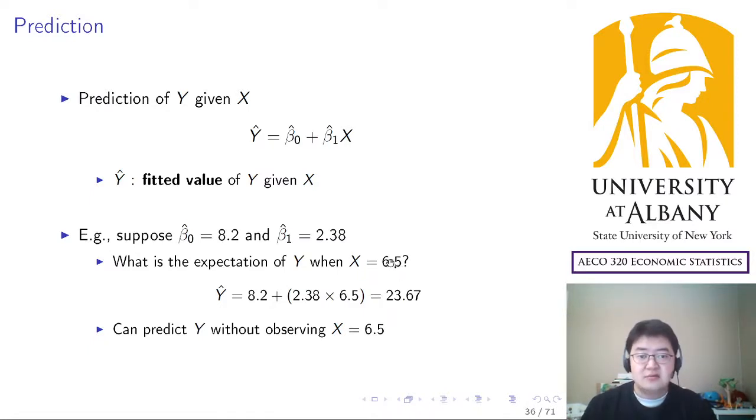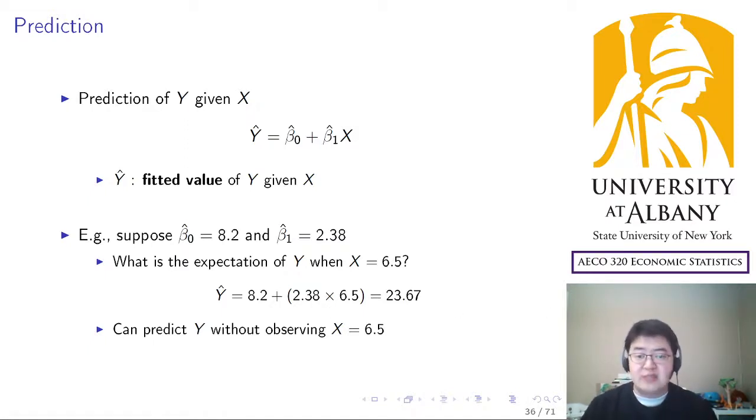It is simple. X is 6.5, and beta 0 and beta 1 are estimated to be these numbers. So just plug in beta 0, beta 1, X. When you calculate this, it is 23.67. So according to the model, when you produce 6.5 units, it will cost you $23.67.